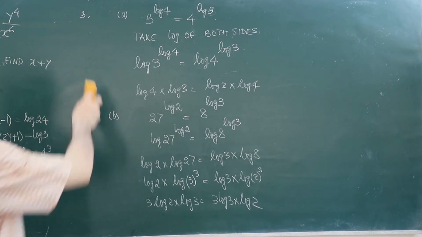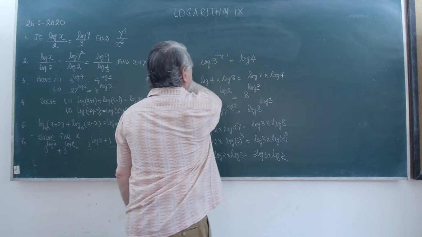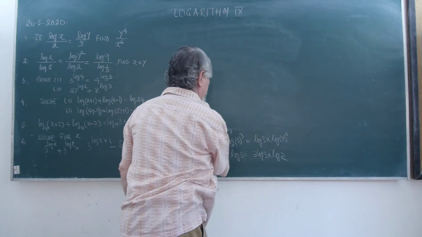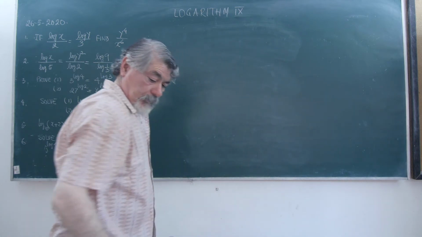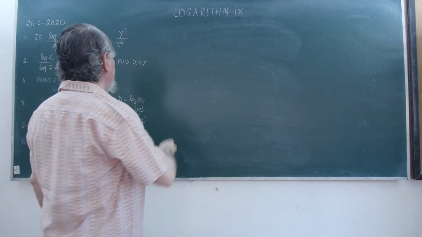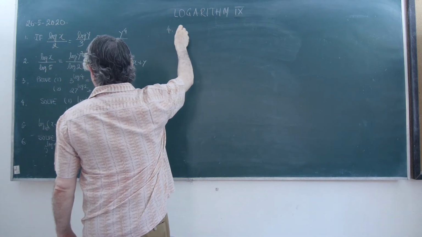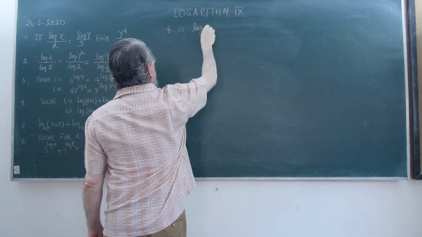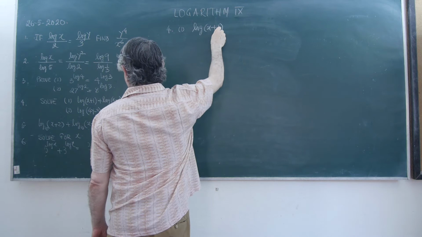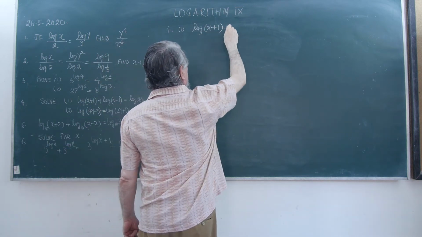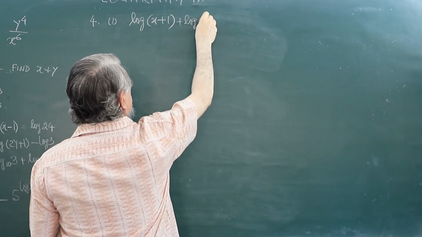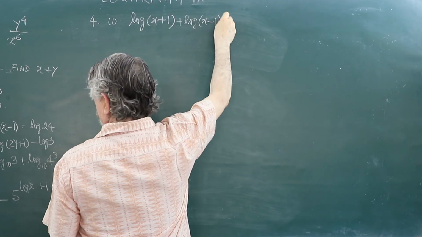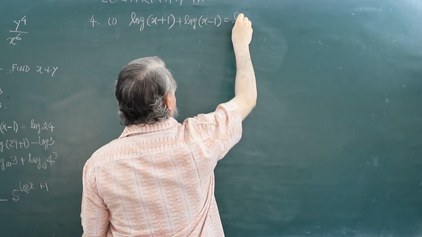Let's see question number 4. In question number 4, first part is log x plus 1 plus log x minus 1 is equal to log 24.